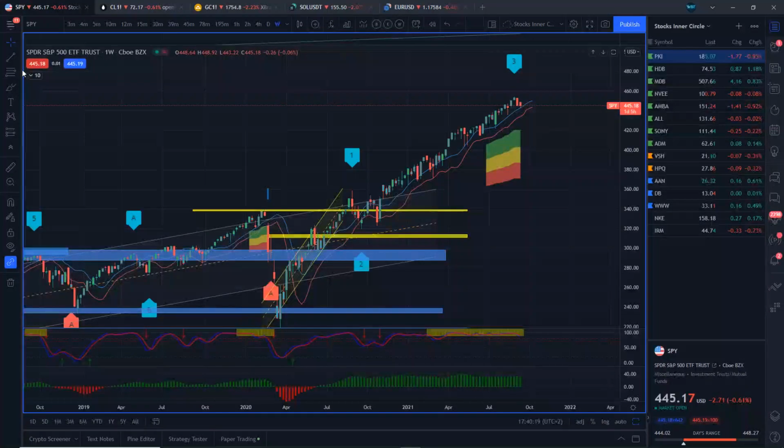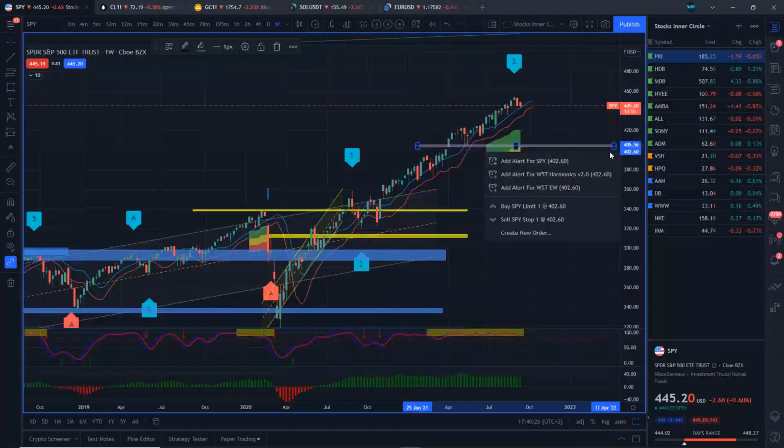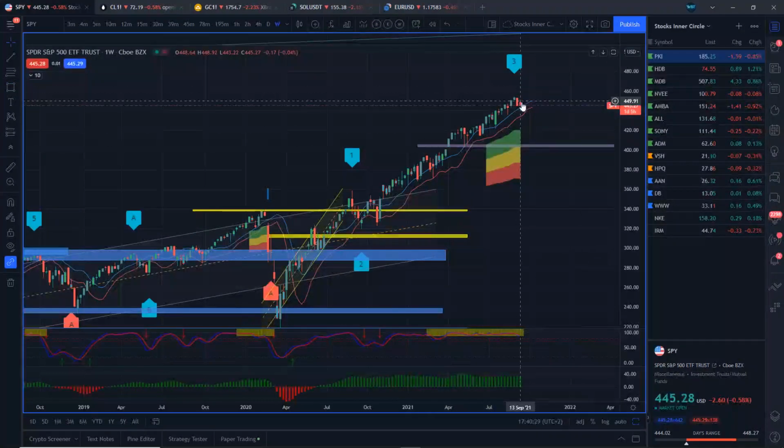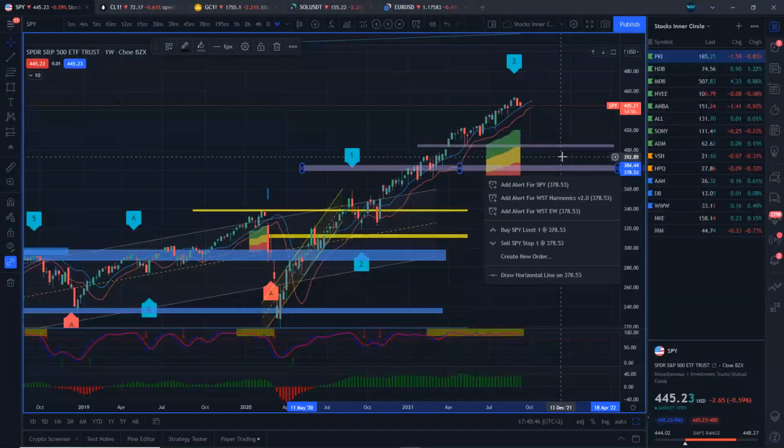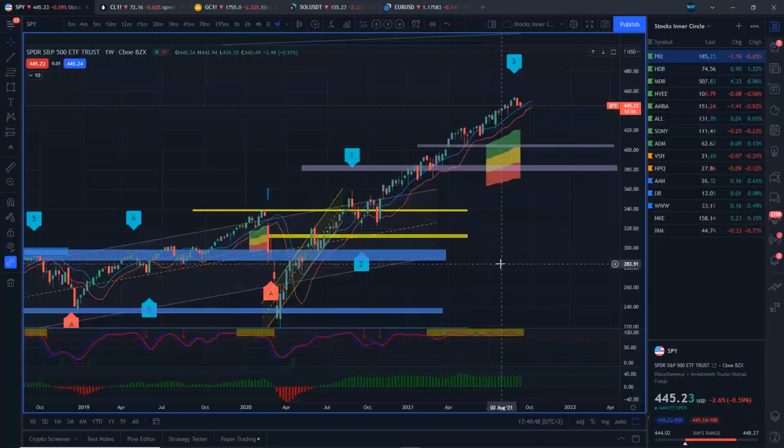Right now, I like this zone here, around 404, 405, pulling back into the green zone. If that does fail and comes down further, we've got quite a fat zone then, but I would say in and around that support and resistance zone there. So that's what I'm looking at on SPY.